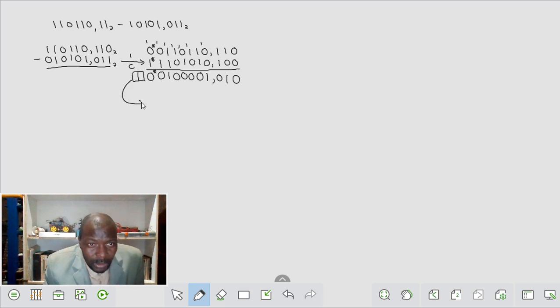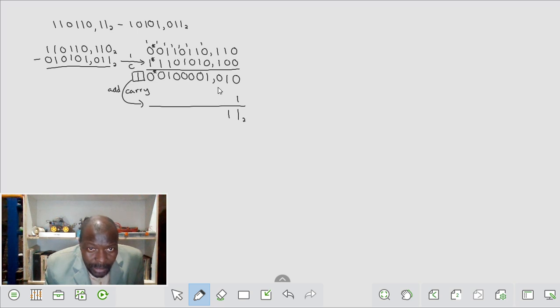So what do we then have to do? We come back and say this is a carry, so the carry must be added. You add carry in the case of one's complement. Add carry. Okay? Therefore, we come and add it there. There is our 1.